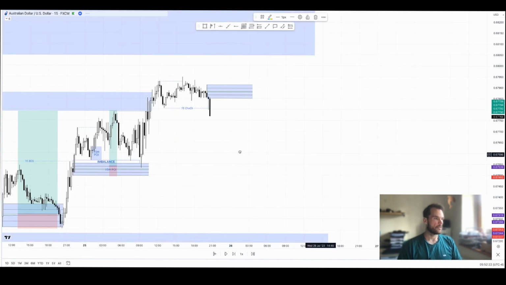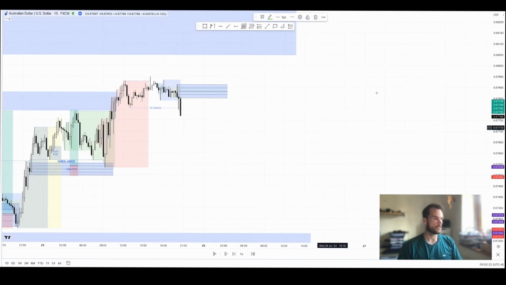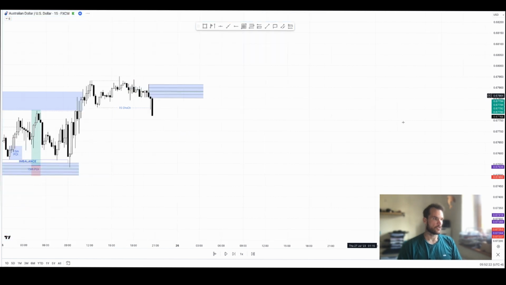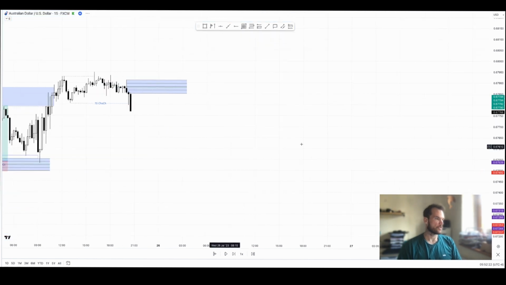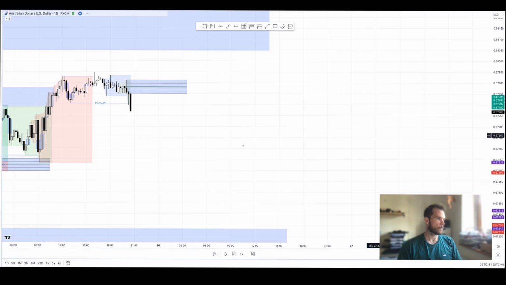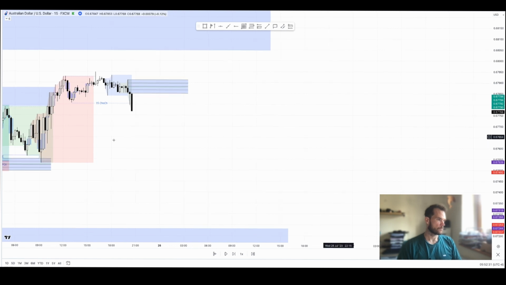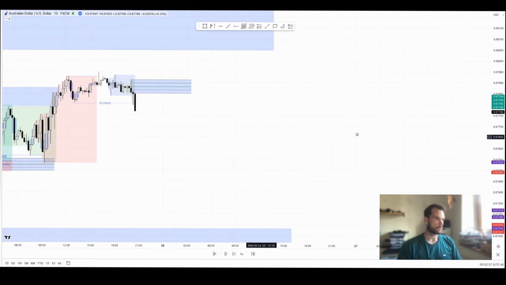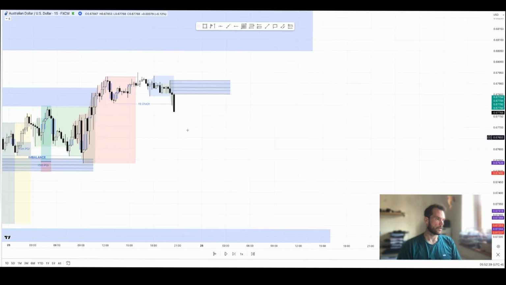Let's zoom in a bit. Don't need all that white space to the right. I'm being more conscious, promise. I don't know why it's going the other way. Okay, come on.